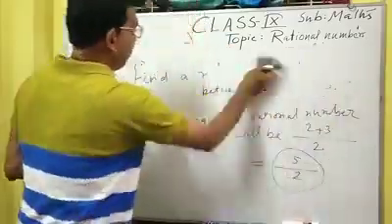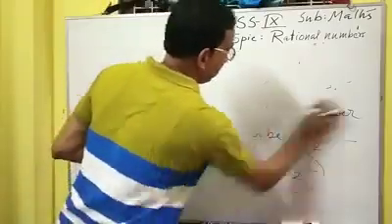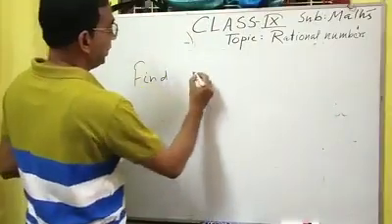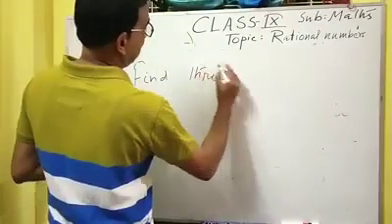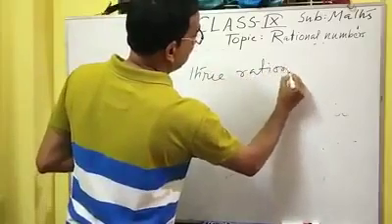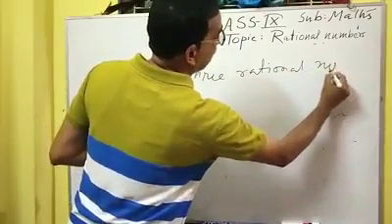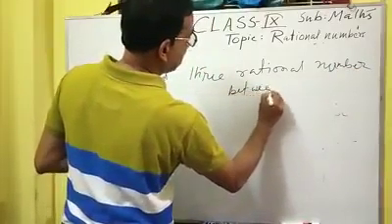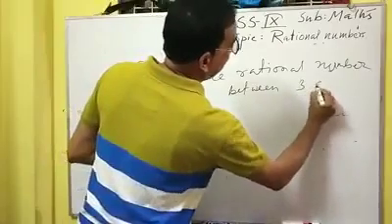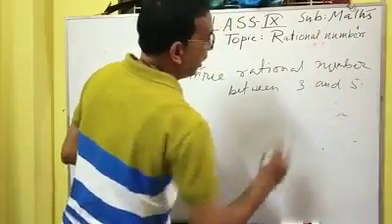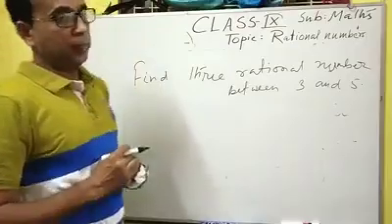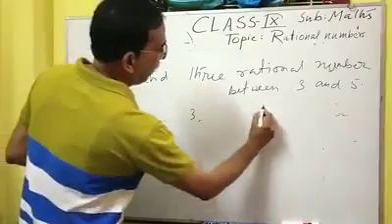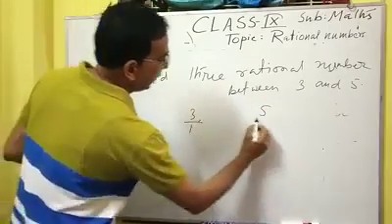The next problem: find three rational numbers between 3 and 5. 3 and 5, the denominator is 1.